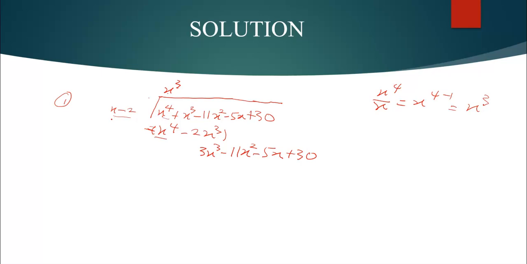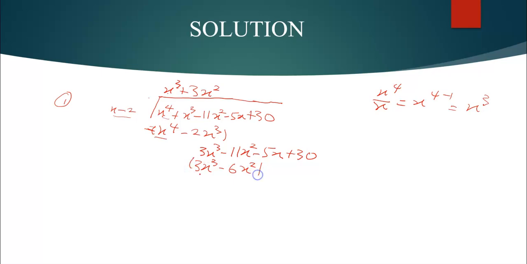You repeat the same process. X will go into 3x exponent 3 as plus 3x squared. Again, you multiply this by the polynomial here, that's the divisor. So you have 3x exponent 3, then minus 6x exponent 2.